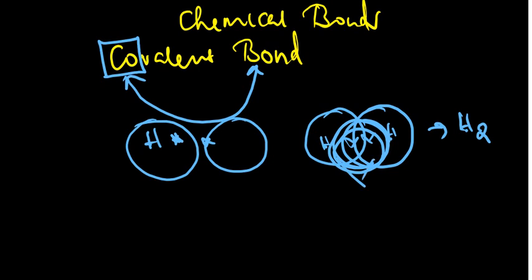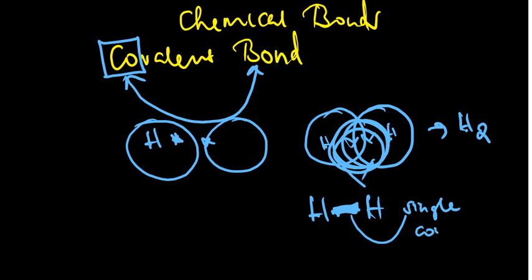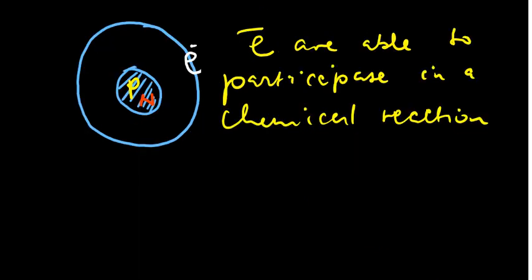If you want to illustrate it, you may write it like this. This bond is called a single covalent bond. So it will only have two electrons. And then we also have what we call a double covalent bond.